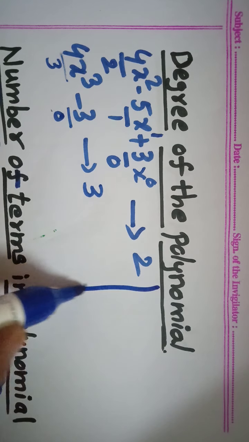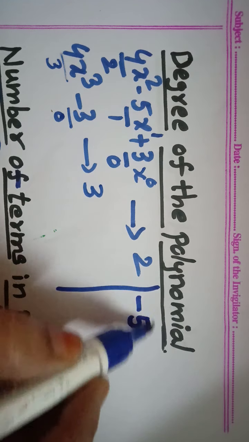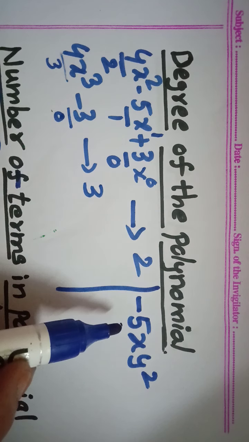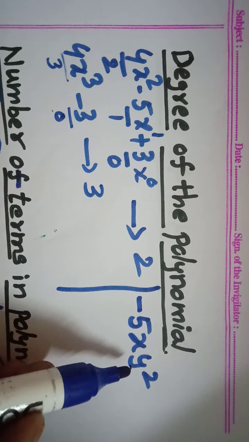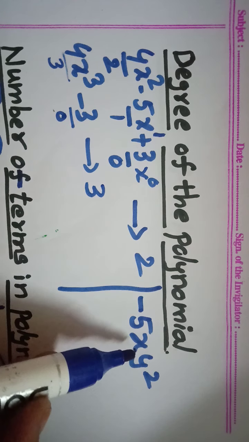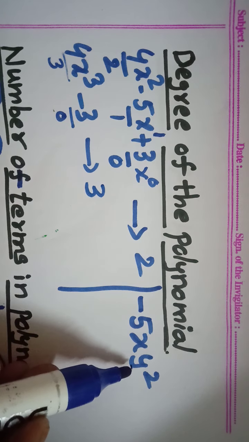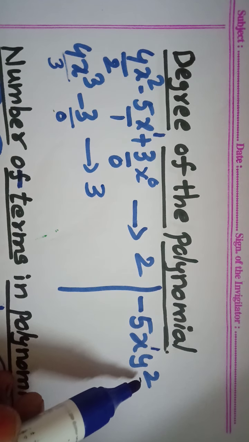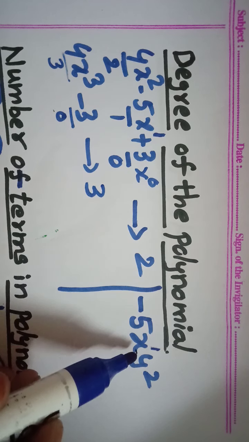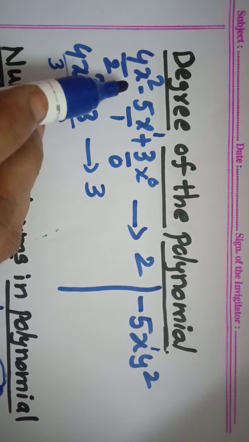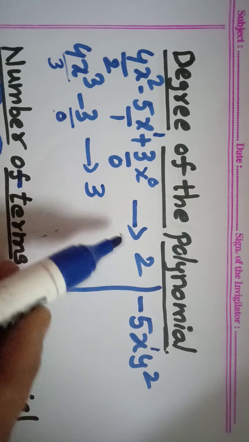Suppose the polynomial is like this, minus 5xy square. Observe this: it is a single term polynomial. In this polynomial 2 variables are there. One is x and another one is y. Here x power is 1 and y power is 2. So what is the highest power? Degree means the highest power of the variable in each term.